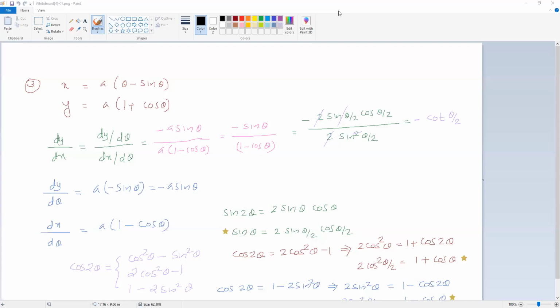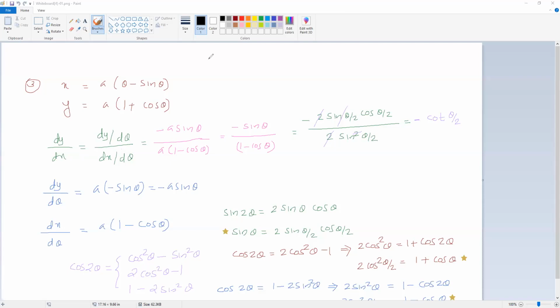Now another question I want to share with you. Same thing here, look: x is equal to a into theta minus sin theta, y is equal to a into 1 plus cos theta. Yesterday we found the value of dy by dx.